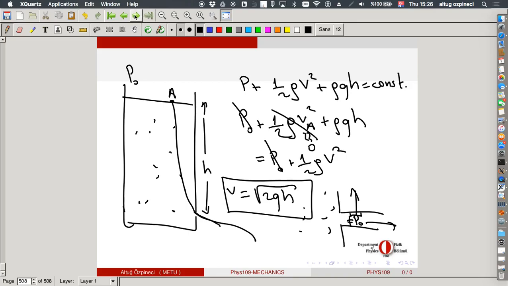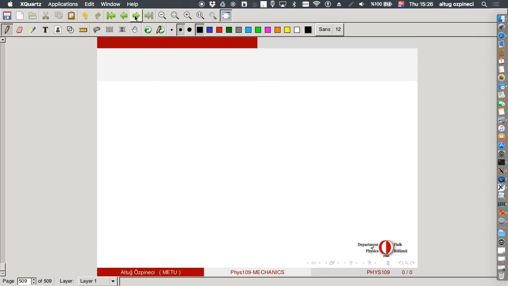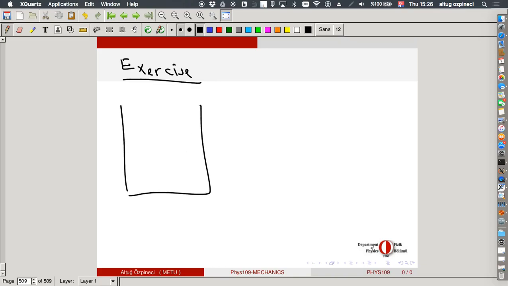Okay, the next thing to be done, it would have been interesting, for example, to answer your question also, let's say you have this container filled with liquid and you create a large hole, not a small one.